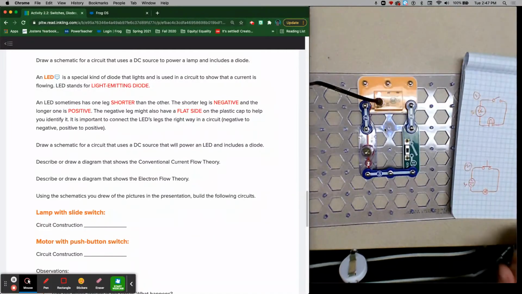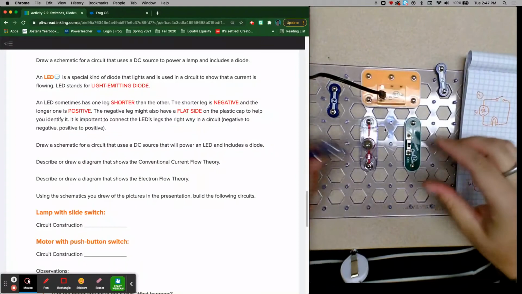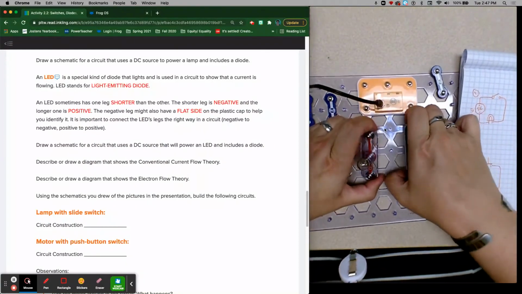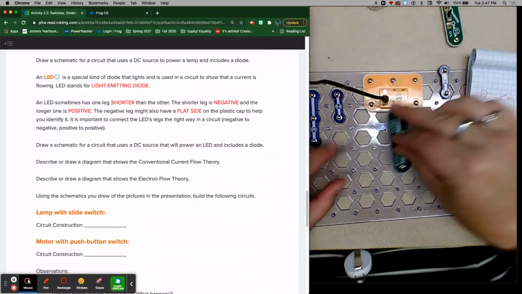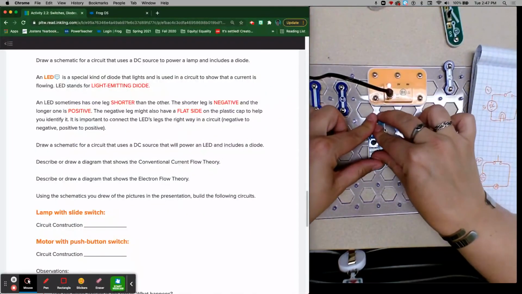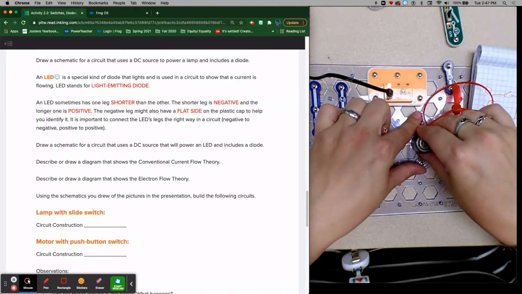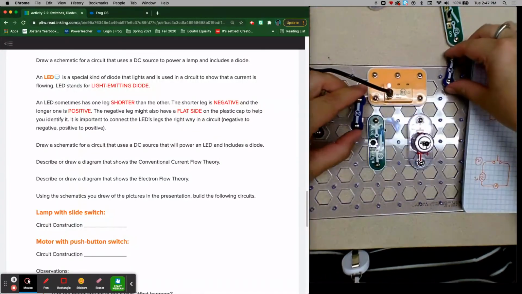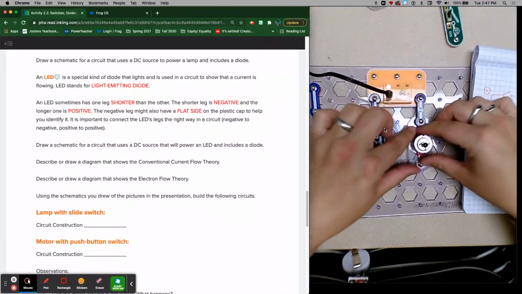The next one is the motor with a push button switch. So take these both out. Here's our push button. Here is our motor. Let's connect these in.